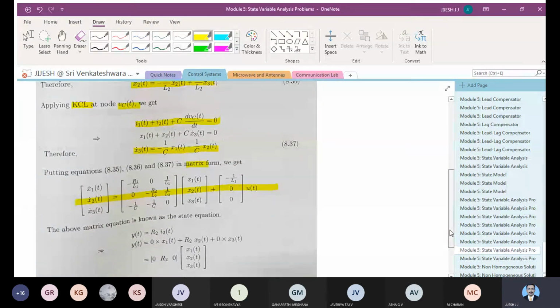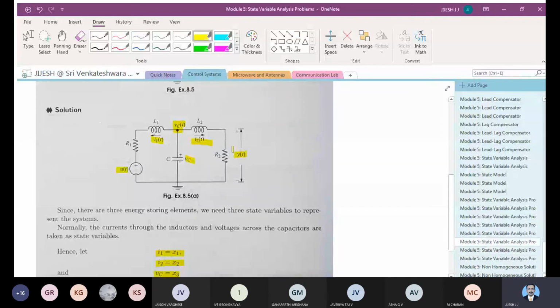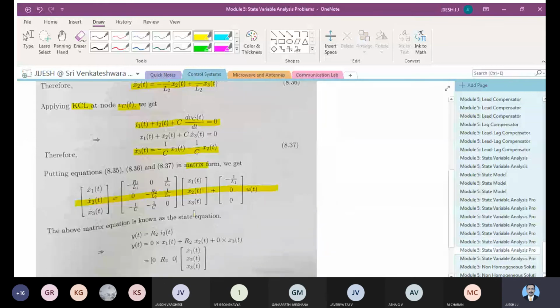After that, you also have to do the output part. Go back and check the figure. It is y of t, the output part. We have to define y of t is equal to R2 into I2 of t. What is I2?